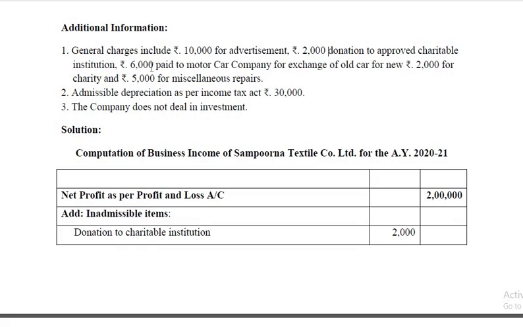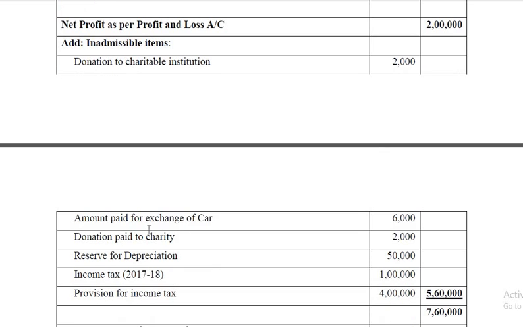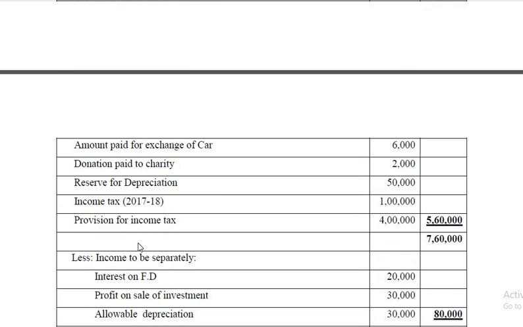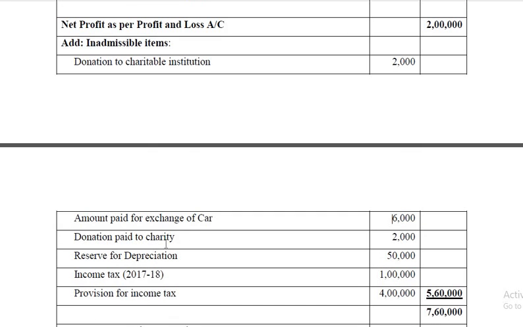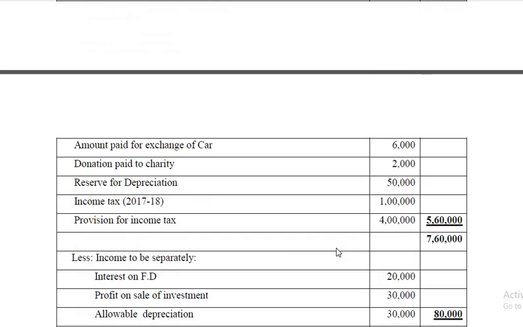And these 6000 also should be added, and charity of 2000 also should be added. Amount paid for exchange of car is added. Donation paid for charity is also added.